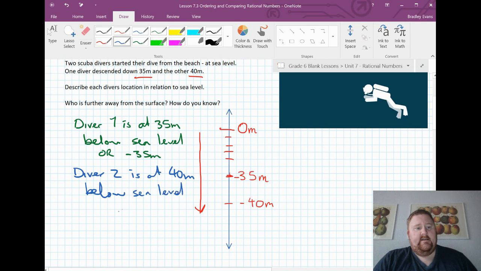Or he's at negative 40 meters. Who's further away from the surface? Well, diver number 2 here dove 40 meters below the surface. So he's further away. And he's actually 5 meters further away.